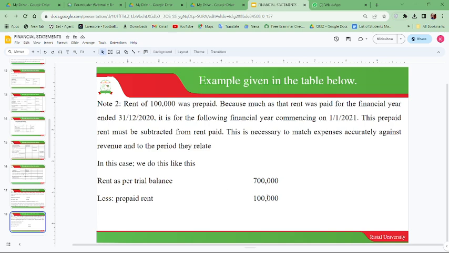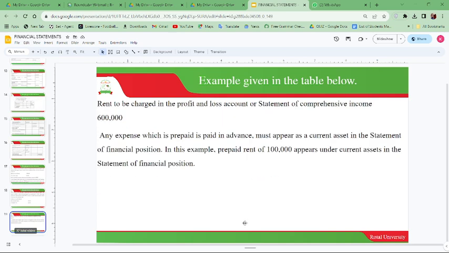Then we less the prepaid, which is 100, and you come up with 600. The rent to be charged in the profit and loss account or statement of comprehensive income is 600.